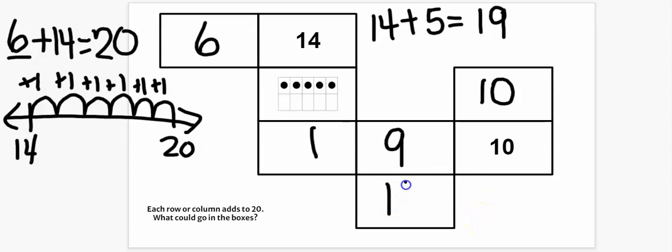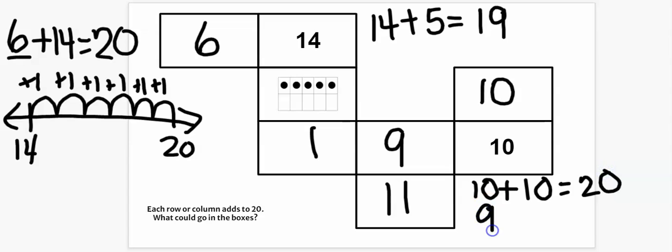So that's right, 11. And see, I know if I have 10 and 10, that equals 20. But if I have 9, which is 1 less than 10, but I have 1 more than 10, 11, that also equals 20.